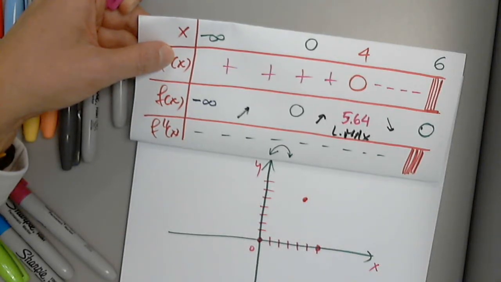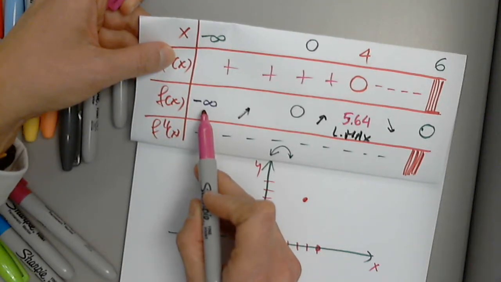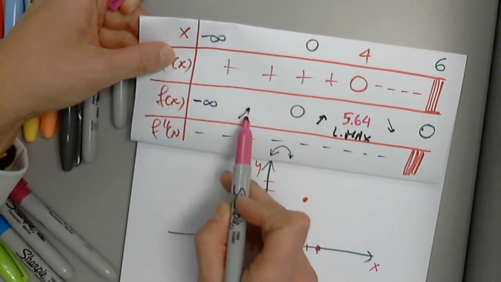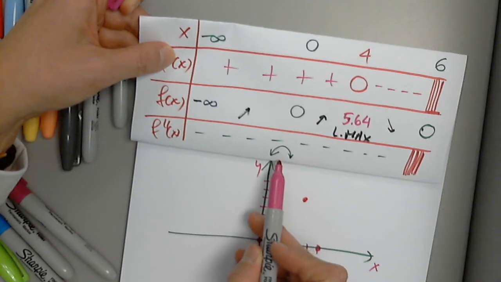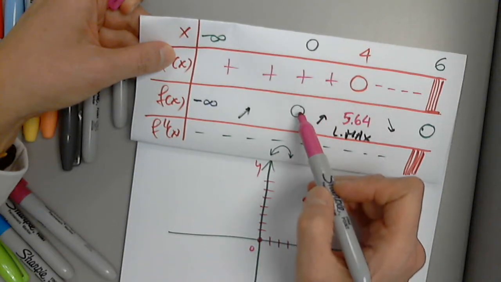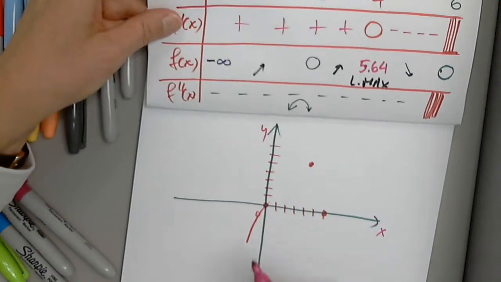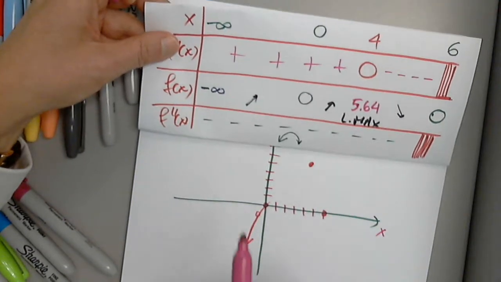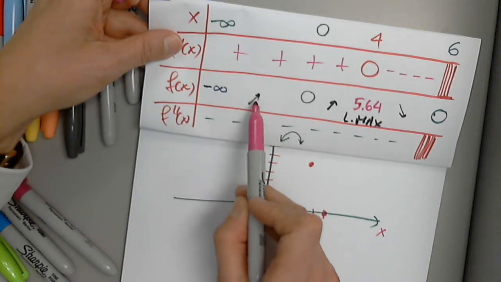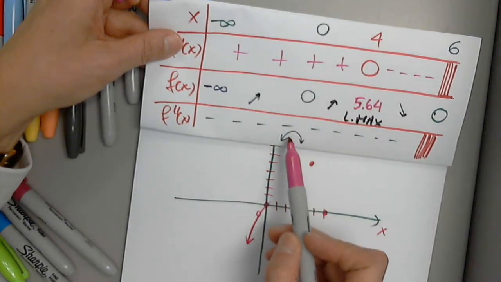Ready? The function comes from negative infinity. It's increasing, opening downward, till the x-intercept. One more time: coming from negative infinity, increasing to the origin, opening downward.